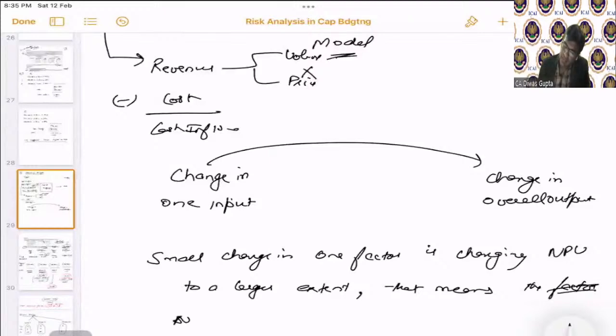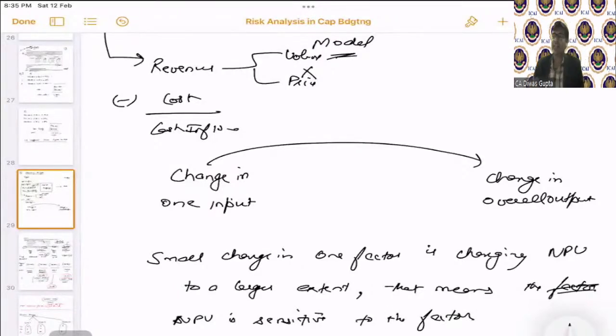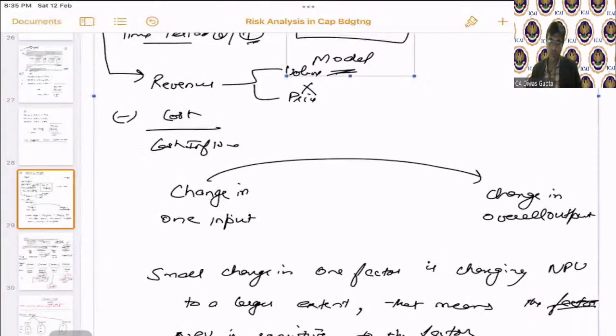That means the NPV is sensitive to the factor. Simple. So in sensitivity analysis, we will keep on changing the variables and try to see what is the impact on NPV. Let's say we will keep on changing revenue, discount percentage, and time, and we will try to see what is the impact on the overall numbers.